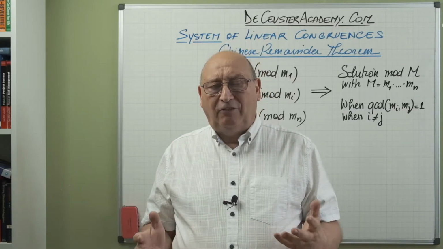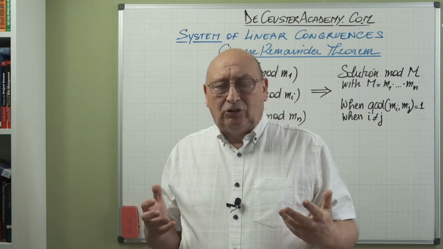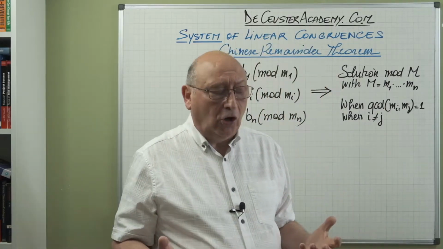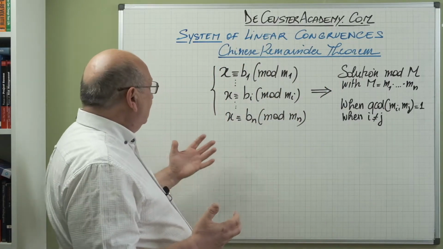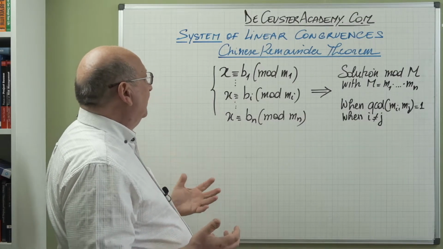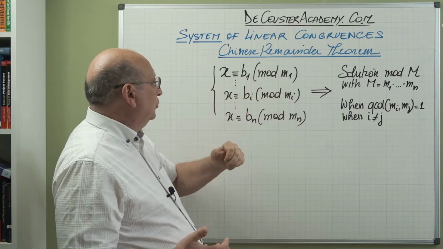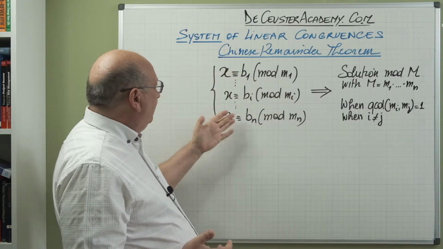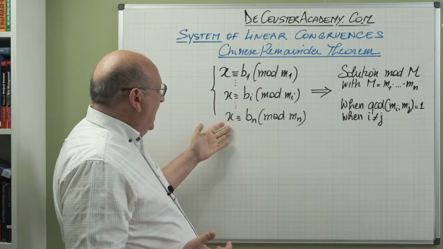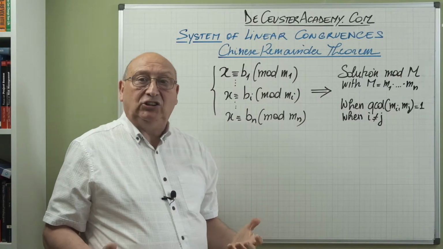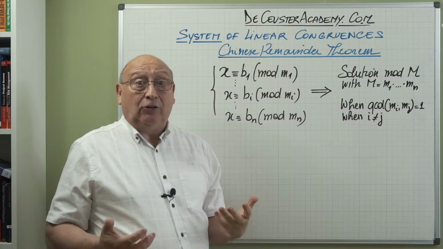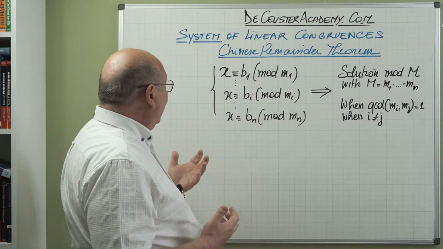But let's now have a look at the content of this video. We are going to look at a system of linear congruences. So x is congruent with b1 modulus m1, and we have theoretically n possible equations that we can consider here. Now, what does it mean?